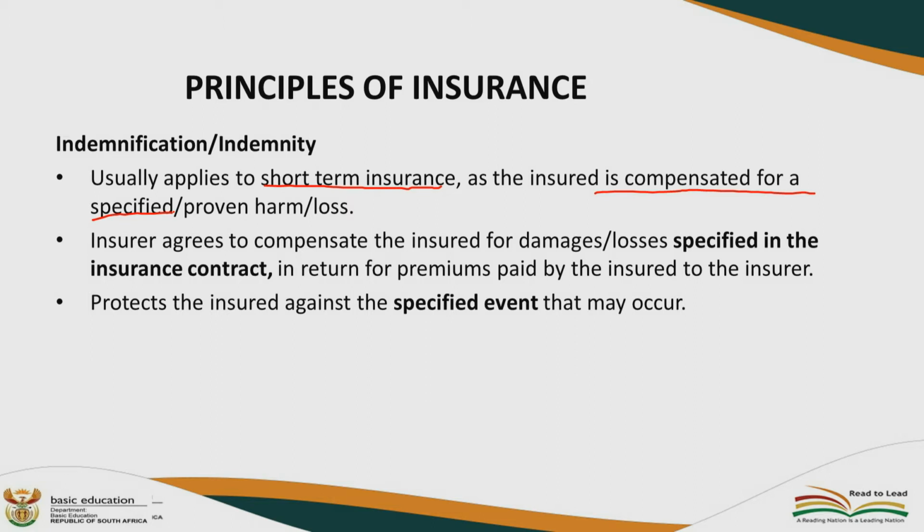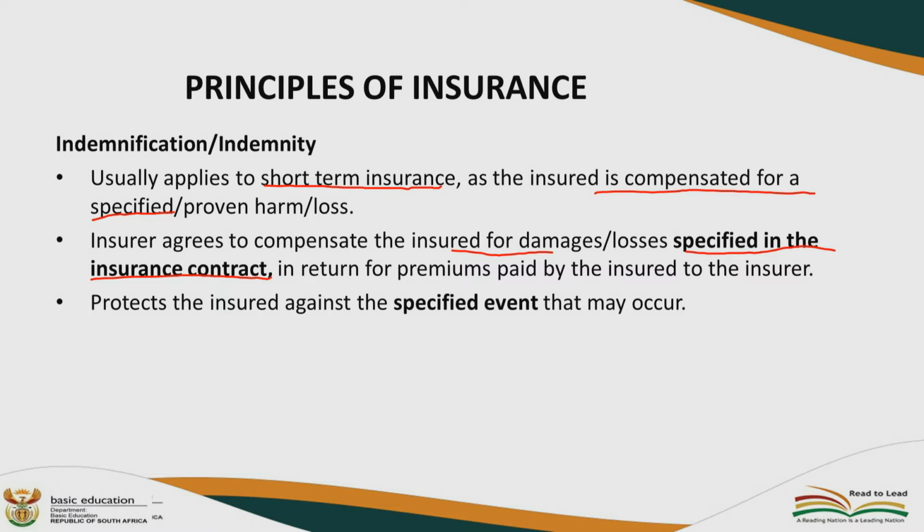It means that indemnification, the payback money, will only take place when the event is specified in the insurance contract. The insurer agrees to compensate the insured, or pay the insured, for damages and losses specified in the insurance contract. I did mention that the word specified is key in this topic. The specified event, then they will pay.